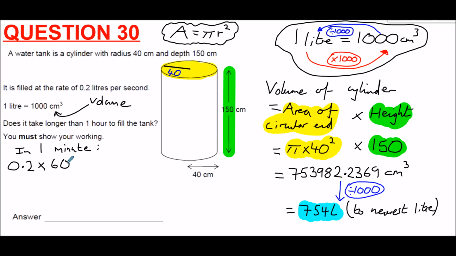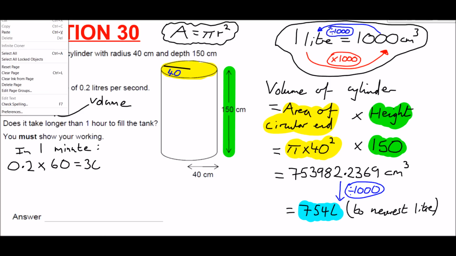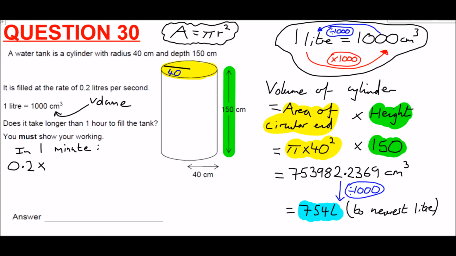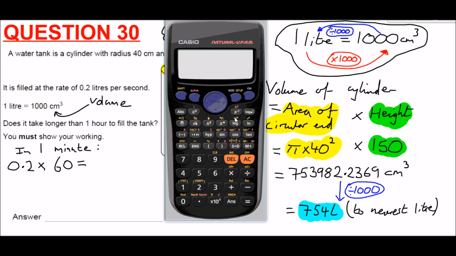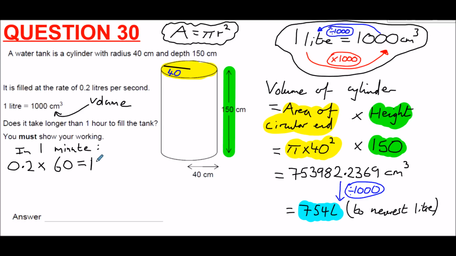So in a full minute, 0.2 times 60. That wouldn't be 30, what am I thinking? 0.2 times 60. Apologies, had a mind blank there, it'd be 12. Goes to show though, I'm definitely not perfect at maths. So if you have a daydream, just always double check with a calculator. 0.2 multiplied by 60, which would be 12 litres a minute.